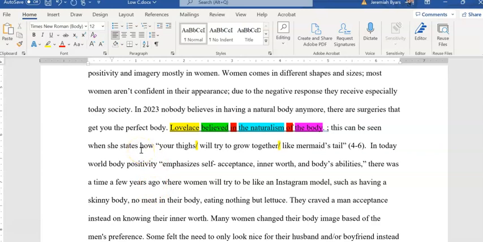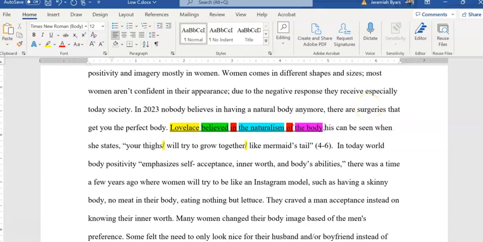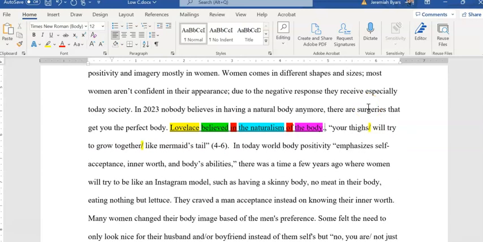We wouldn't even need a comma after how. Or you could get rid of how and write when she states. Or if this person didn't want to write anything and just wanted this phrase to lead right into the quote, you can always use a colon.